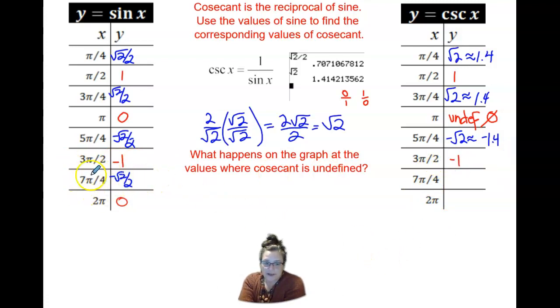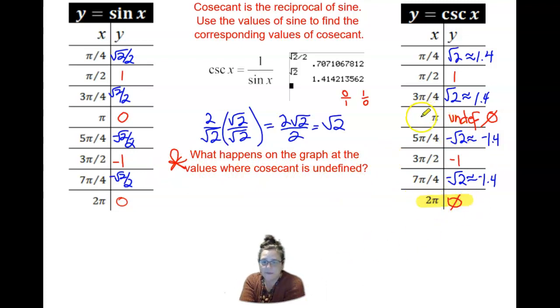7 pi over 4, that is the fourth quadrant. So we have another negative square root of 2 since sine is negative in quadrant 4, and that's approximately negative 1.4. Then at 2 pi, we're back at 0 for the sine, and again the reciprocal of 0 is undefined, so that's a circle with a slash through it. So this question here asks what happens on the graph at values where the cosecant is undefined.